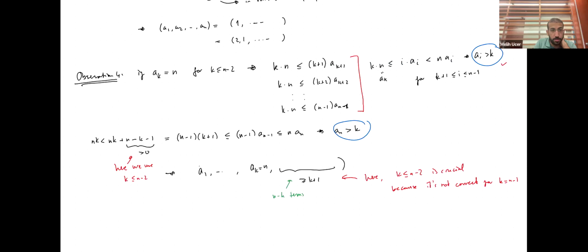So if you don't count n, you cannot have n again. But the numbers from k plus 1 to n minus 1 are only n minus k minus 1 numbers. This is the contradiction.